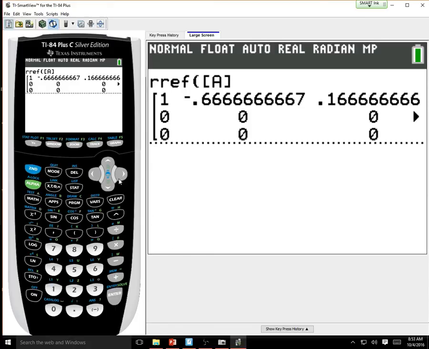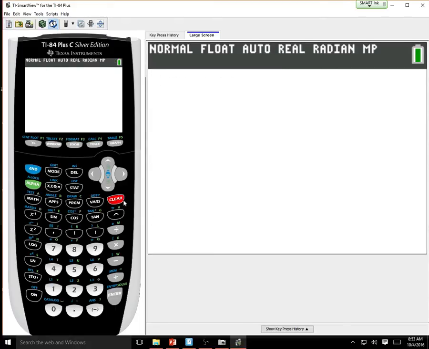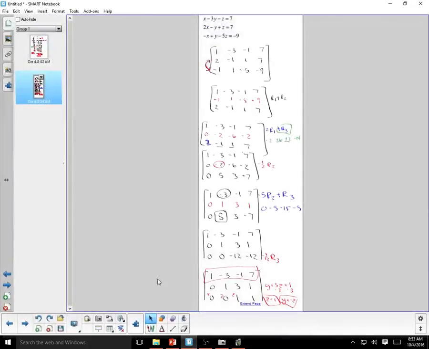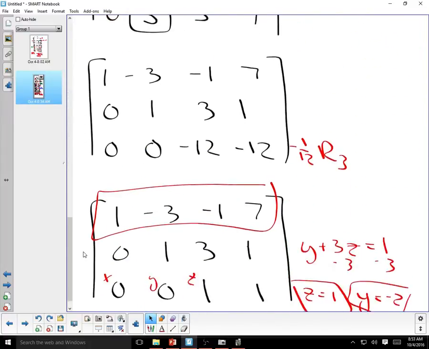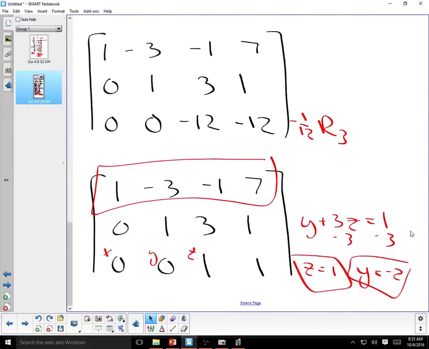Why is it on the calculator different, but the answers are the same? It's the right answer. I said z was 1 and then y negative 2. So on the calculator, if you did REF, you should see 1, negative 2, and I don't know what x is yet. 2. Is it 2 again?